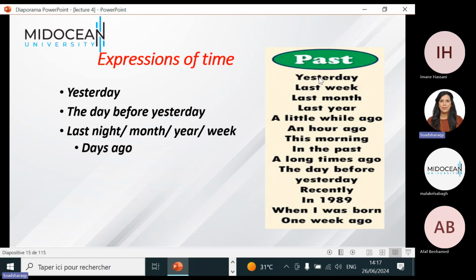We also use last week, last month, last year, a little while ago, an hour ago, this morning, in the past, a long time ago, the day before yesterday, recently, in 1989, when I was born, one week ago. So all of these time expressions indicate the simple past tense.